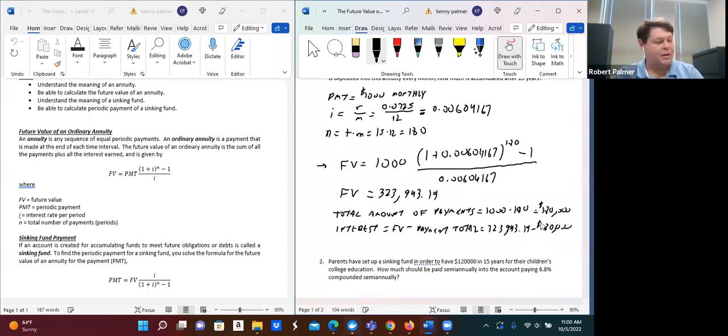This also gives you an idea of the accumulation of interest. And so that's going to be 143,943.19. So the amount of interest generated is almost as much as what you paid into it.